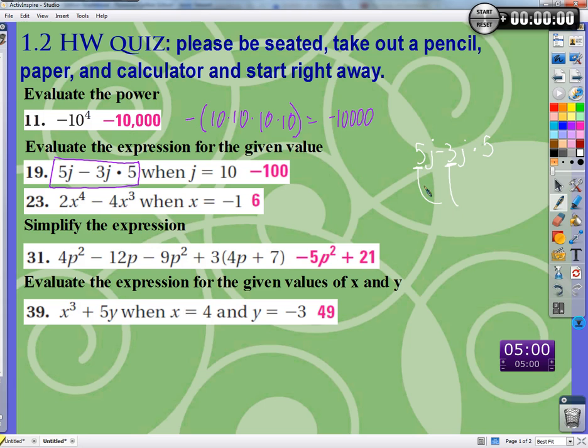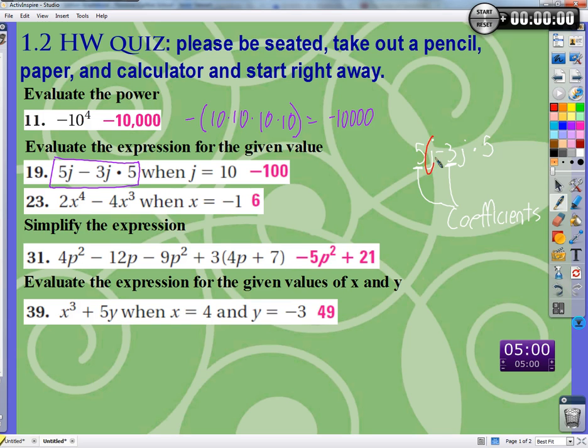Okay, you get a special word for those. It starts with a C. Coefficient. It's coefficient. I'll say coefficients. Those are coefficients. If you have a number multiplied by a variable, the constant that's multiplied by the variable is called the coefficient.